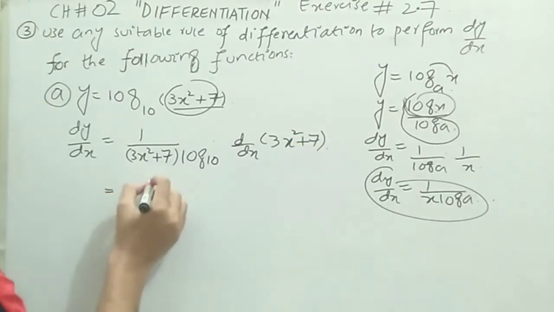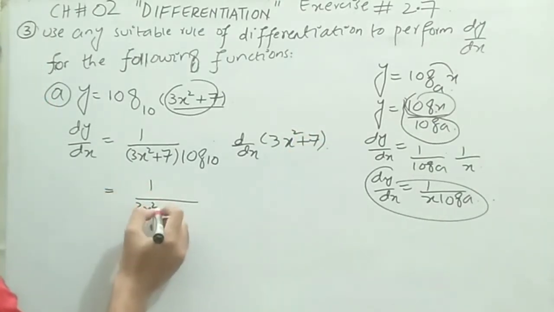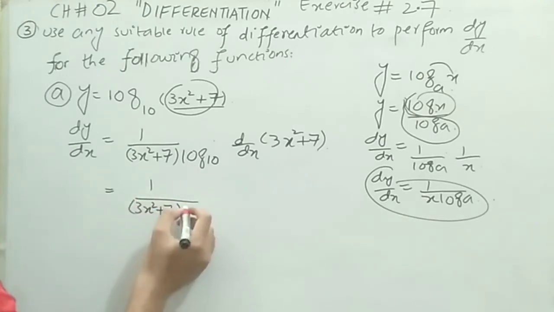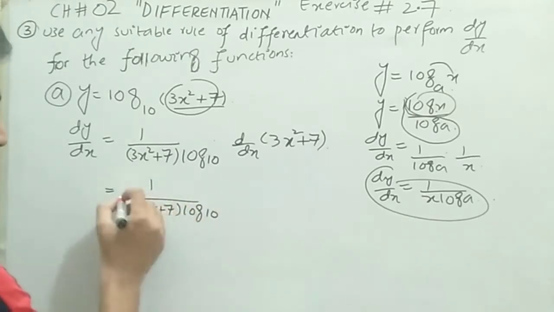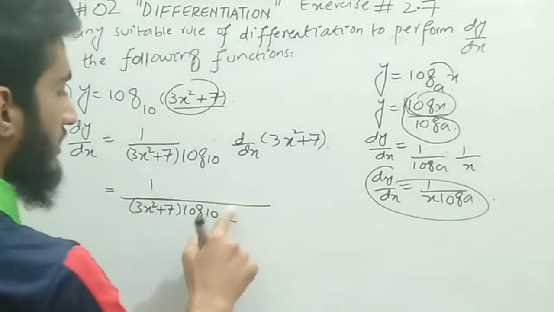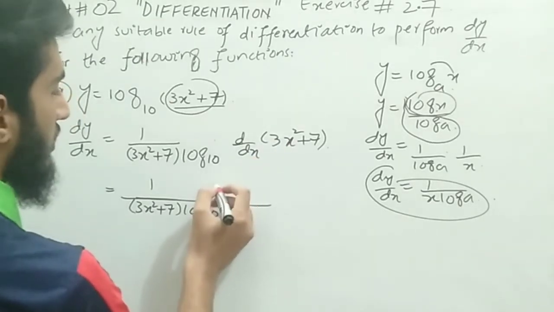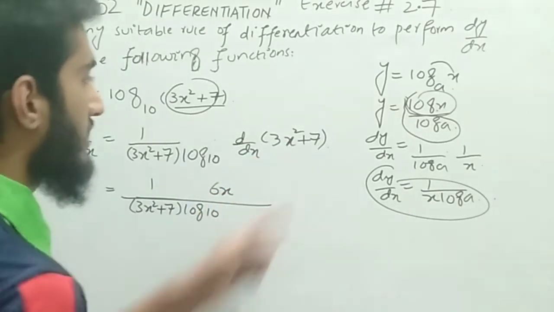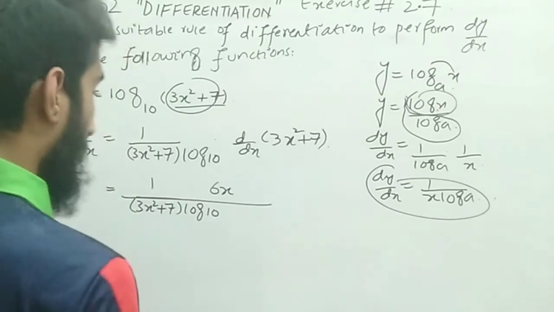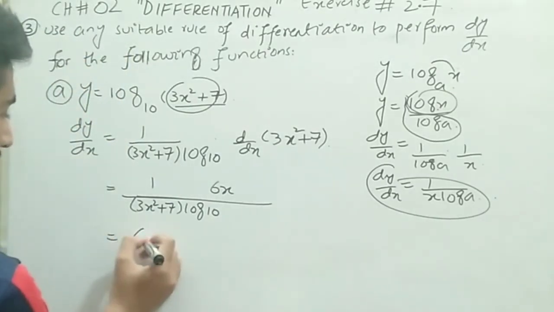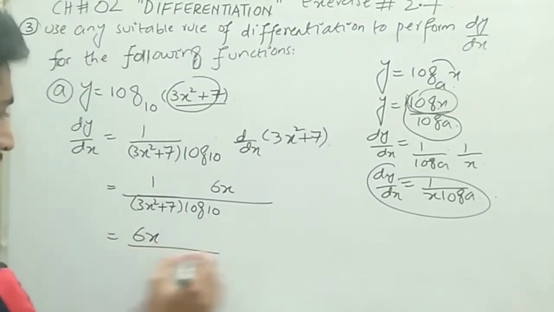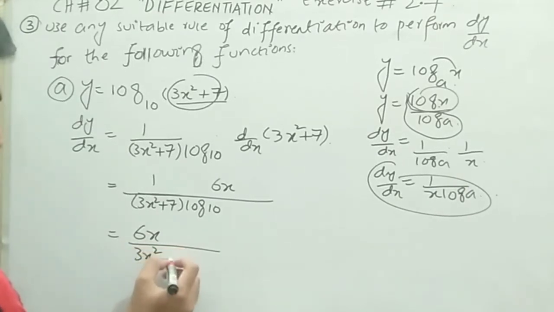So the result will be 1 over 3x square plus 7 multiplied by log of 10 and multiplied by the derivative of 3x square, which is just 6x, and the derivative of 7 is 0. So the result will be 6x divided by 3x square plus 7.